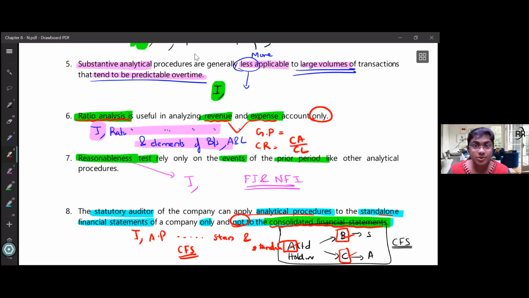With that, students, we are wrapping up the chapter number 8 on analytical procedure. I hope it was clear. Shall we move on, students?